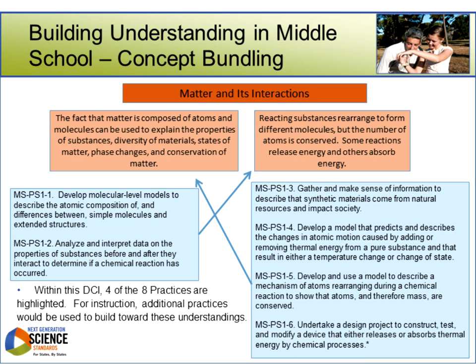That's one of the big ideas that we want to tie things to. And the standards underneath there, the performance expectations, those were written specifically to help kids understand that content. The same thing can be said for the things on the right.